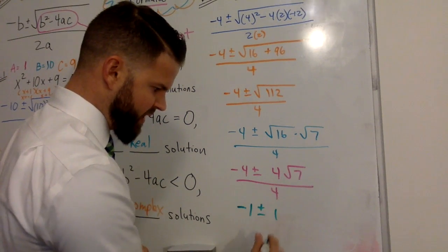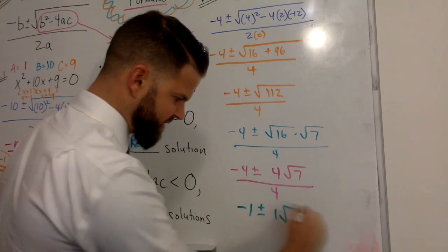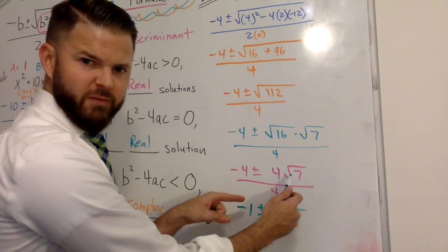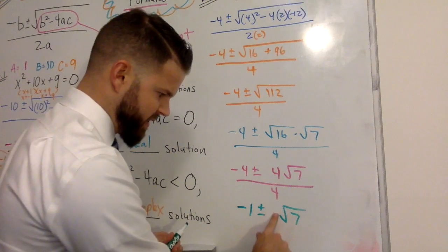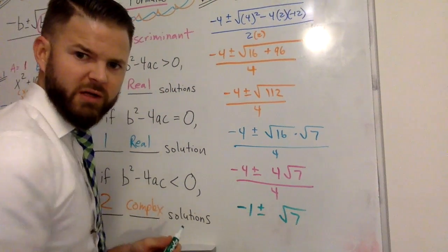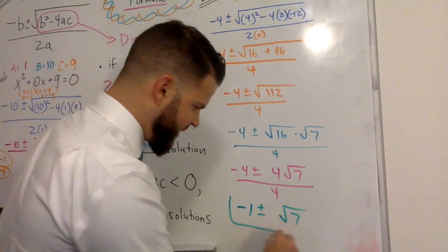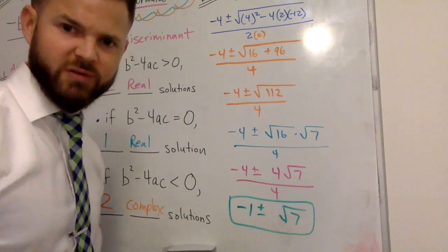This thing over here can't really do much, so it stays the same. Since we got 4 times radical 7, if you divide that by 4, you just get regular radical 7. You can leave that 1 or get rid of it, whatever you prefer. It's the same thing. These are my 2 solutions.